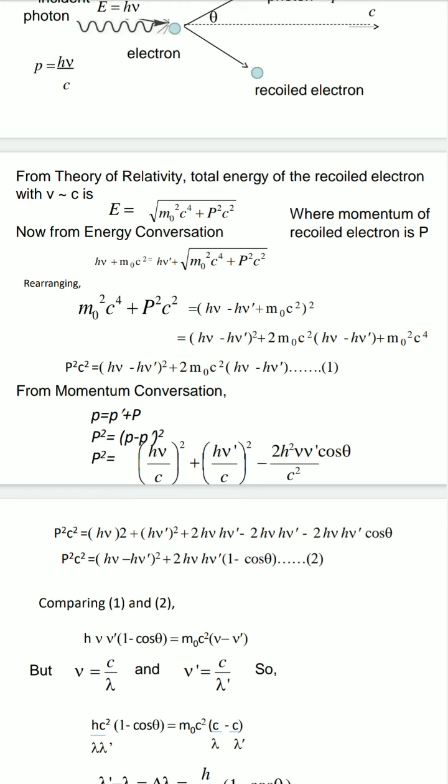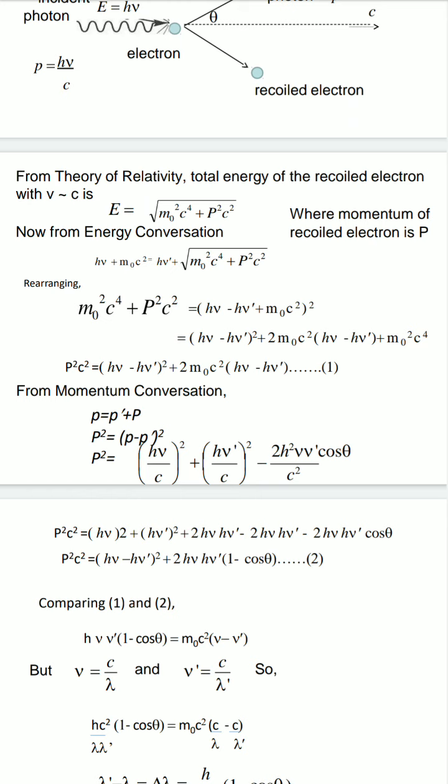Now let us take the square. Let us take capital P on the left-hand side, and p dash we move to the left-hand side. That means p minus p dash will be equal to capital P. So capital P square will be p minus p dash whole square. Now p and p dash we substitute and expand it.